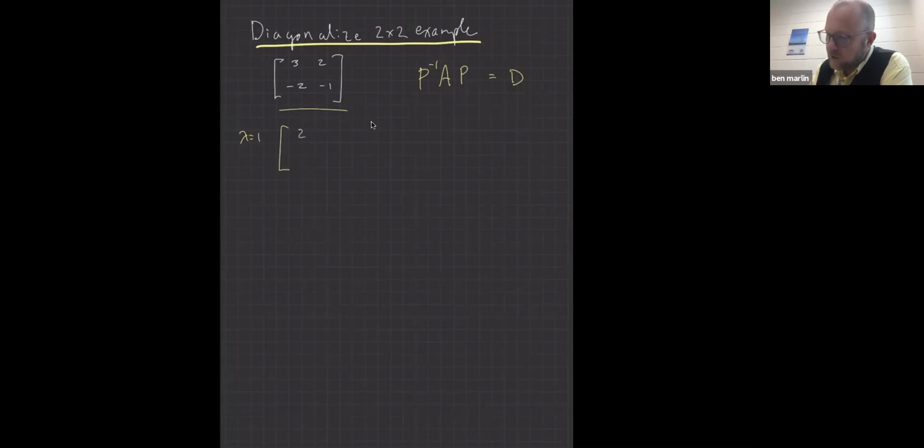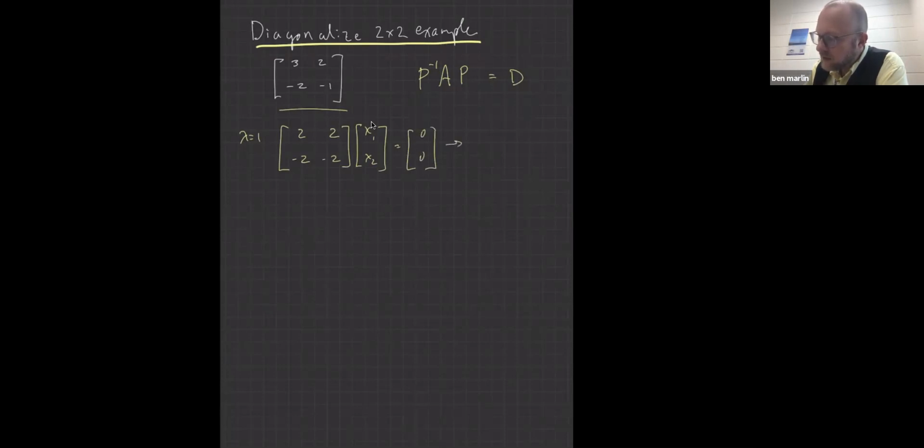And so we'll have 2, and that one gets left alone, and it's -2, and that one gets, we have to subtract 1 from it, so -2. So x1, x2, and this is equal to 0, 0.